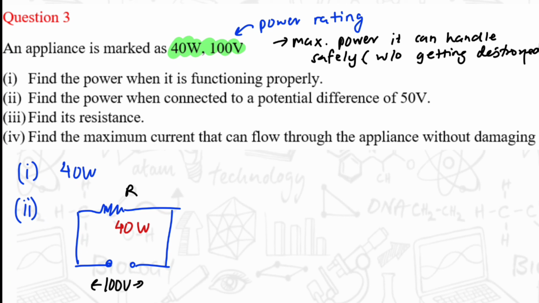So by the equation P equals V squared over R, here P is 40 and V will be 100 squared and R we don't know. So that is the first equation. Now the potential difference is 50.